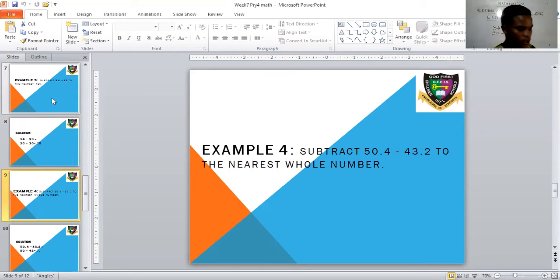Now, let's go to the fourth example on the board. We have subtract 43.2 from 50.4, that is 50.4 minus 43.2, to the nearest whole number.